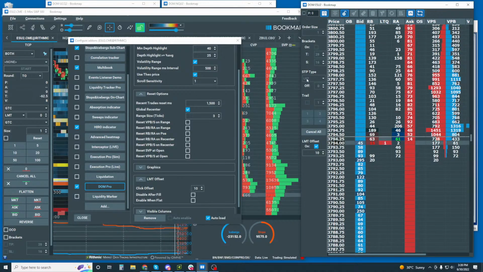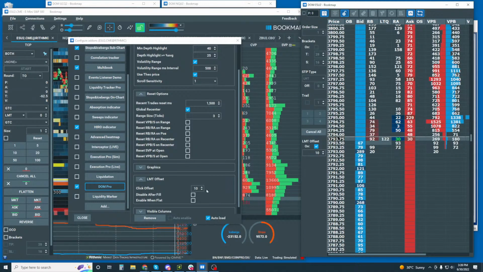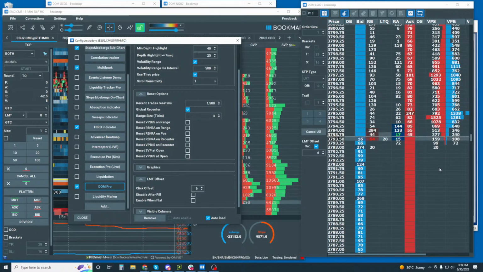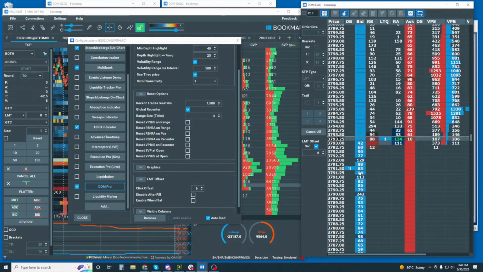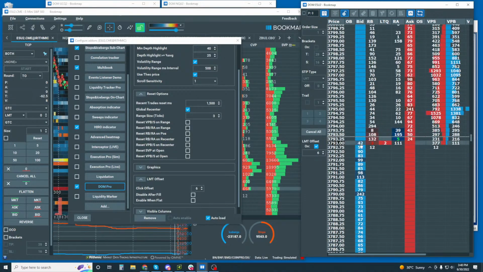If you notice on average the volatility range is roughly fading after maybe 5 or 6 ticks, you set your limit offset to 5 or 6 ticks, whatever average was observed. Then when the market trades and you get a 5-tick sweep, you click on the BBO, and right away your order will go 5 ticks behind that volatility range, and it'll hopefully get filled in time. If not, you can always cancel the order. But that's the idea behind it.